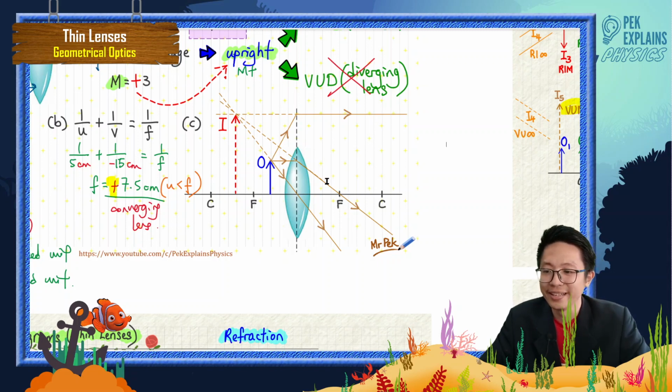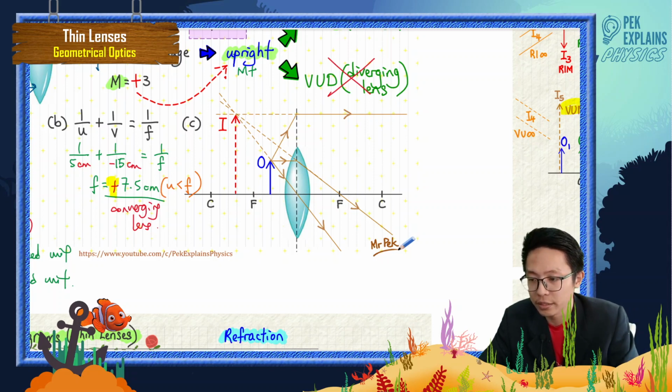This is my lens. Remember, my focal length and the center of curvature must be equally spaced. Maybe you can put this one as 2 cm, from this one also 2 cm. From the lens to the focal point and from the focal point to the center of curvature must be equally spaced.